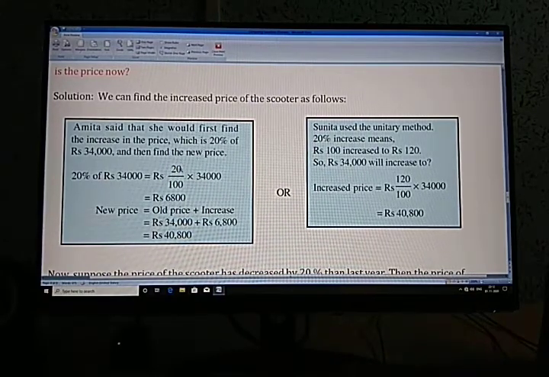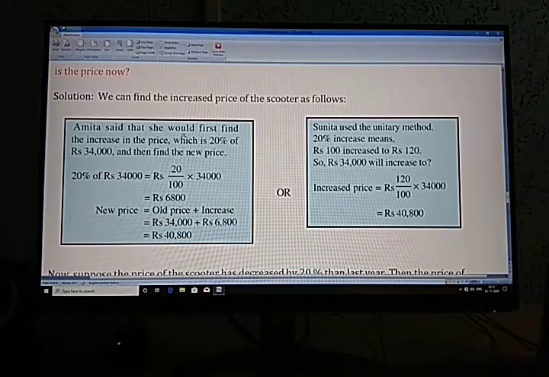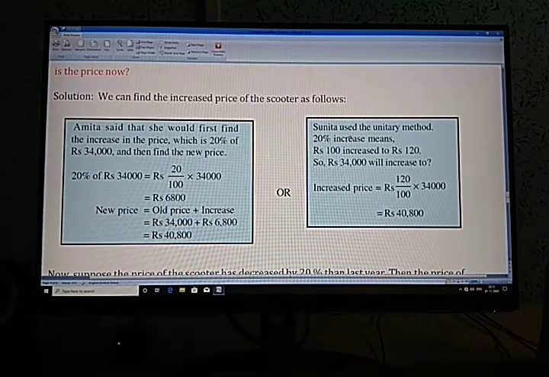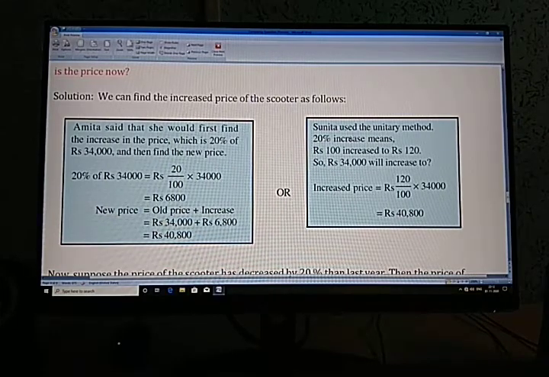Here it's written that Amrita said she would first find the increase. No need to go with the names. Our main focus is the new price. As the question has said it has increased 20%, first of all we will find 20% of 34,000.